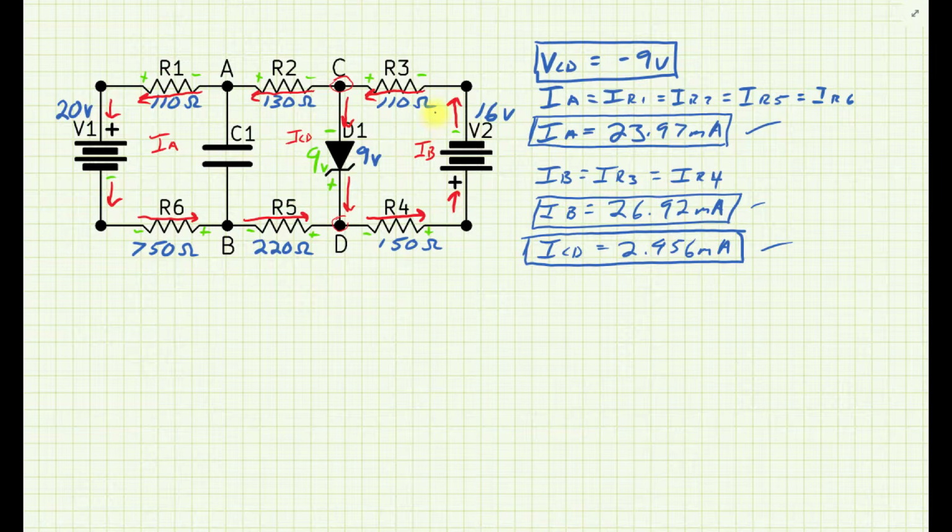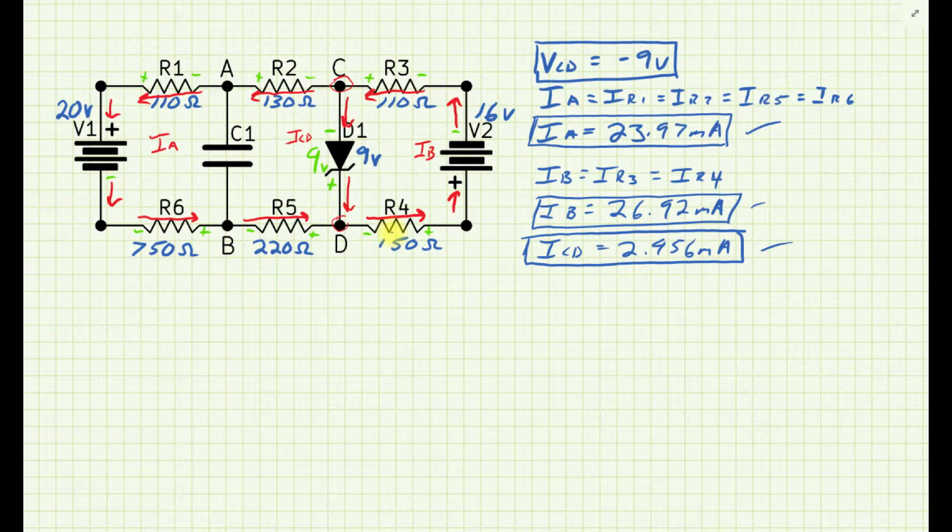I'm going to start with the smaller of the two loops here. I've got my IB current, which is seen by two components. So I'm going to start there and make sure that those numbers look good, and if they do, I'll just keep on going.